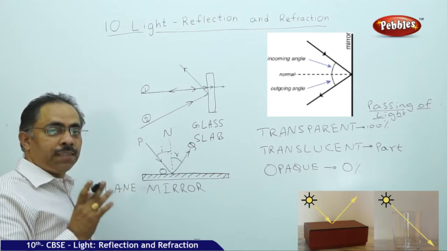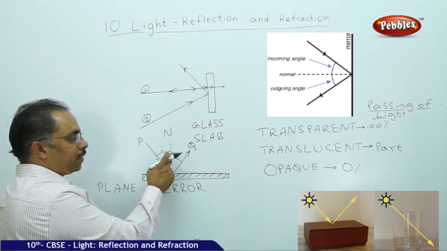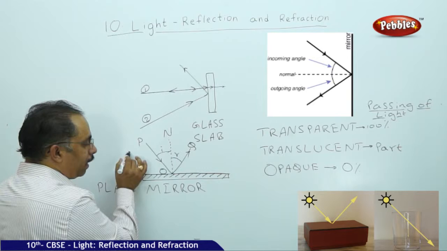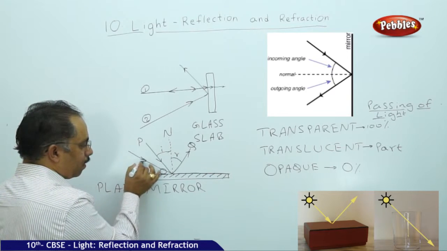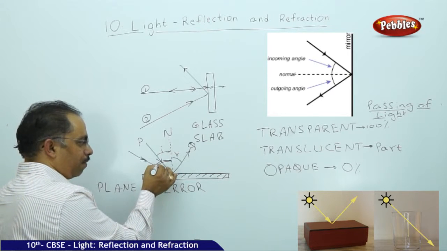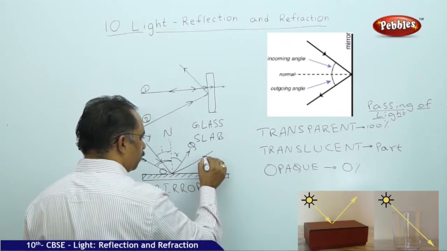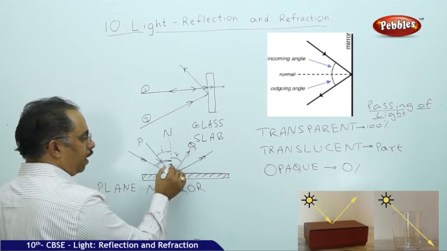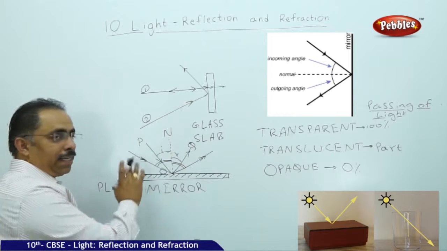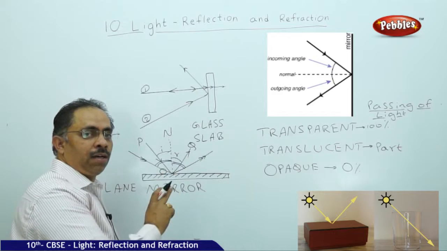The laws of reflection tell us that whatever the angle of incidence may be, the angle of incidence is equal to the angle of reflection. So if I take one more light ray incident at this angle, this will be the angle of incidence. Similarly, the light ray will be reflected in this direction, and here this will be the angle of reflection. In any case, the angle of incidence is always equal to the angle of reflection.